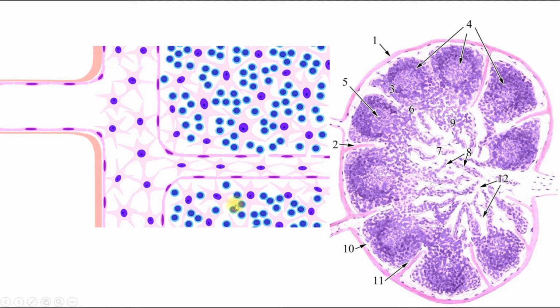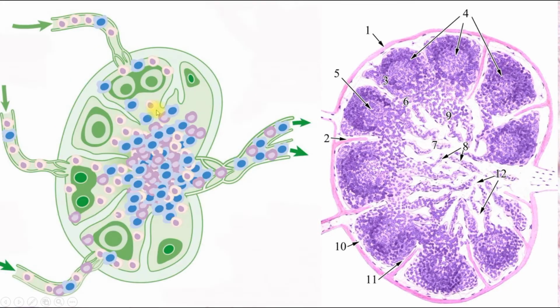So we can see here this structure, and let's look at how it works. On this diagram we can see the subcapsular sinus and cortical sinus, followed by the medullary sinus and portal sinus. They are located deeper. Here we can see the cortical part, the cortex, and lymph vessels.